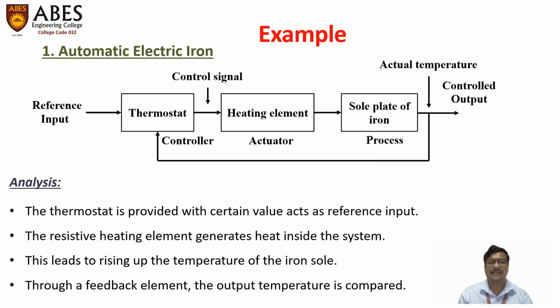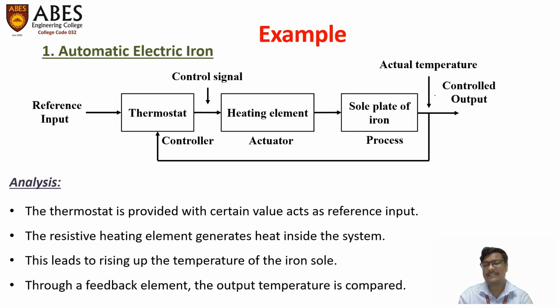Now take one example, that is the automatic electric iron. In the automatic iron system, there is a thermostat. Here you can see this thermostat acts like a controller. We give some reference input, and the reference input here is nothing but the temperature. Based on the temperature, the thermostat turns on the heating element. The heating element is nothing but the actuator. Then the heating element heats the sole plate of the iron, so the iron plate will be heated up. Then we get the actual temperature.